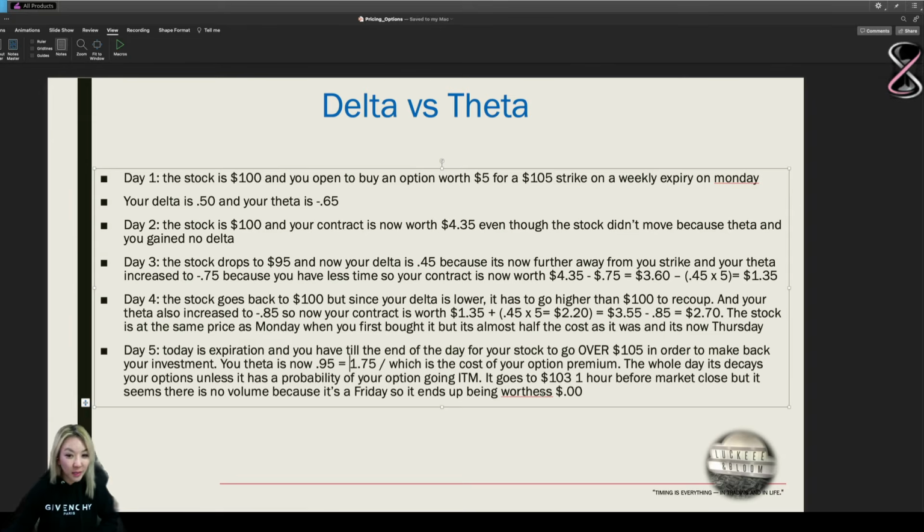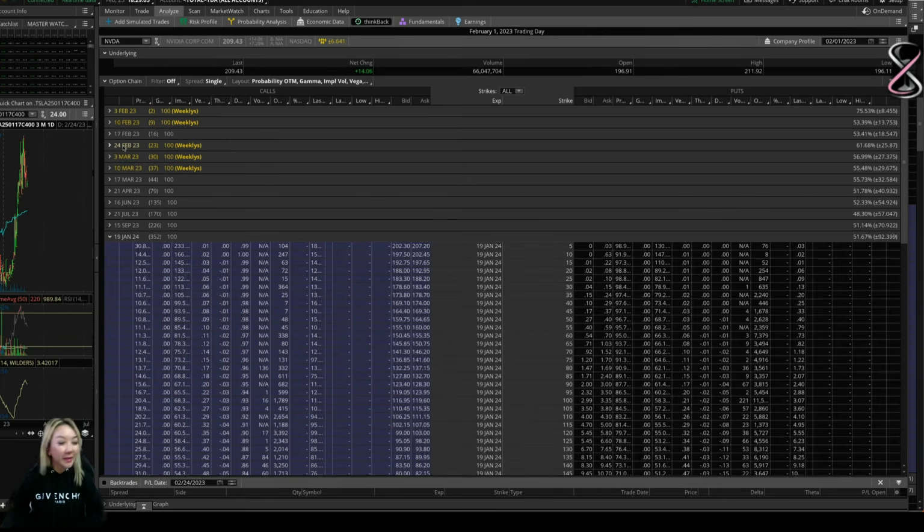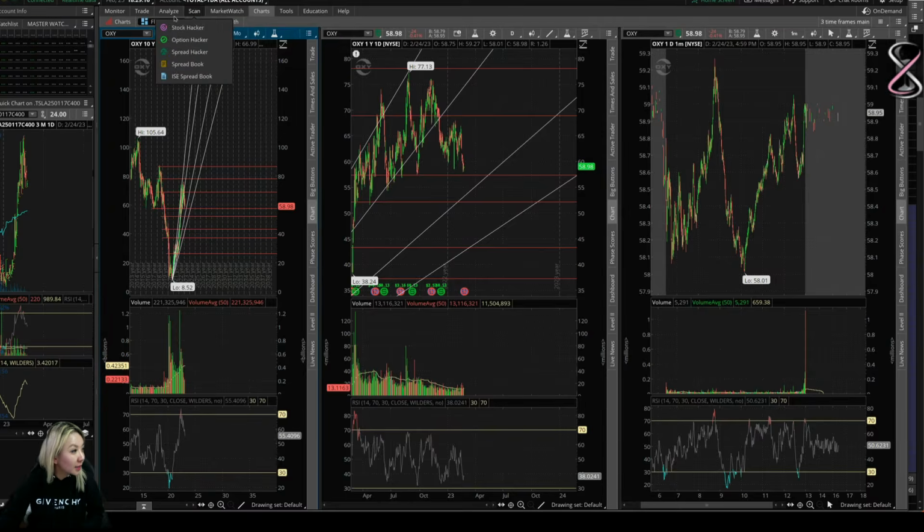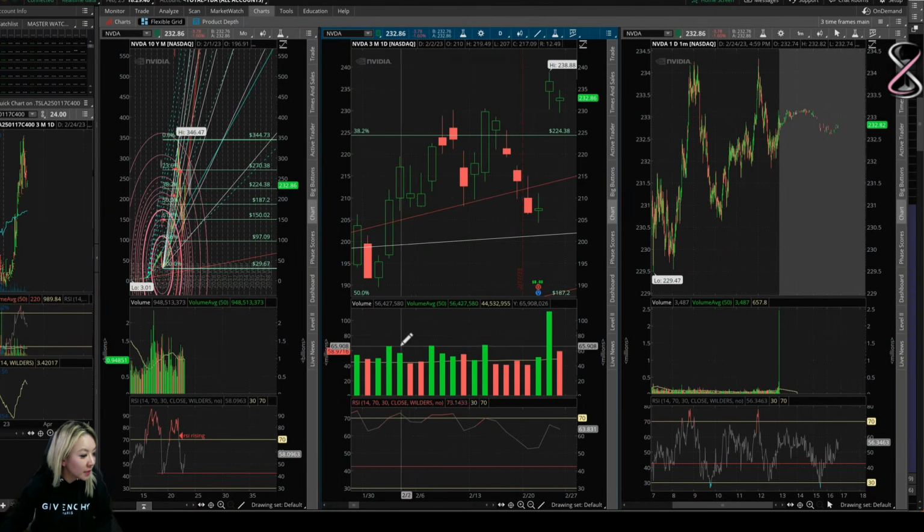So you have to be a little bit careful here on weekly premiums, because theta will kill you, and then probability will also kill you. Does that make sense? Okay, we're going to go back to last week, before NVIDIA earnings, when the price was 211, back on February 3rd, right here.